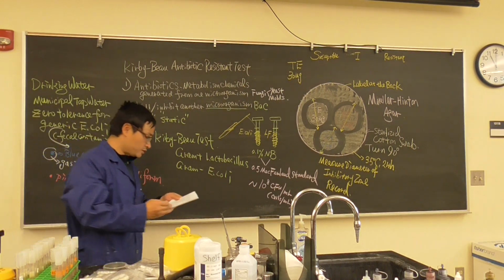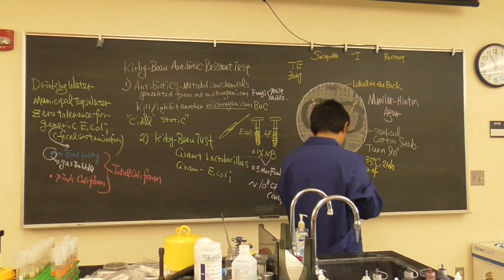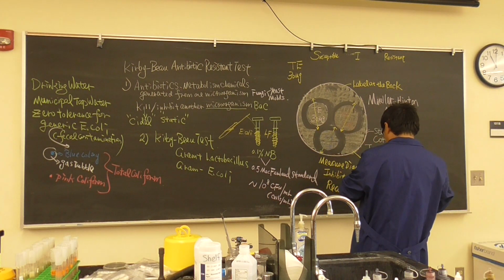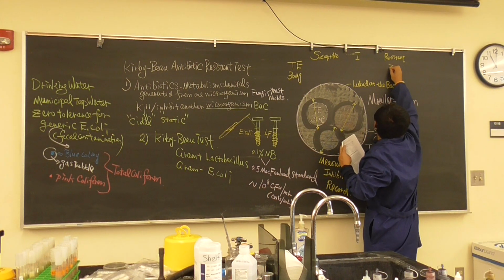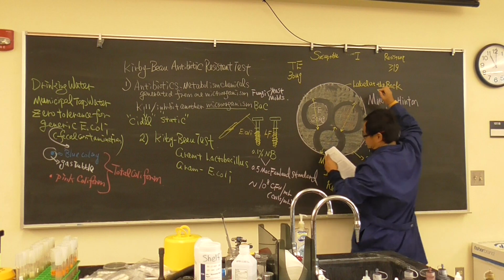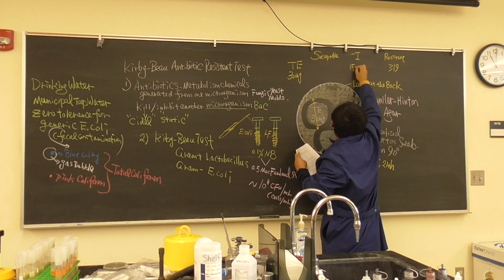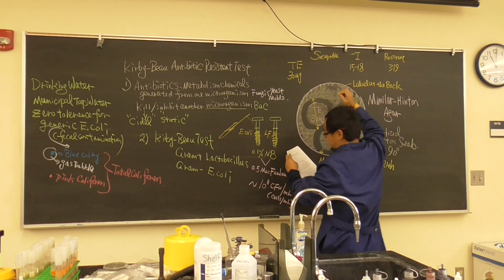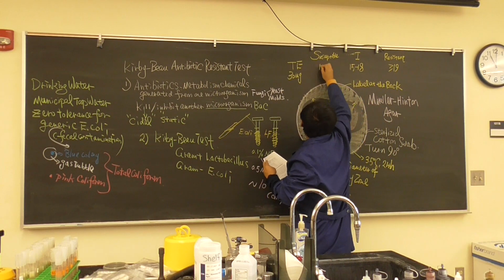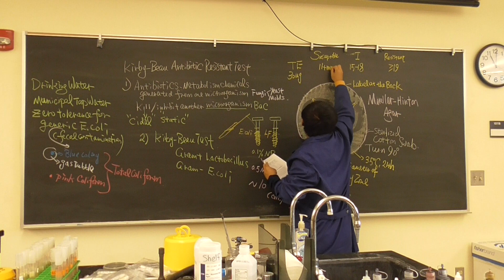Just as an example, tetracycline: susceptible is more than 19, intermediate is 15 to 18, and resistant is 14 or less. This is all in millimeters, mm.